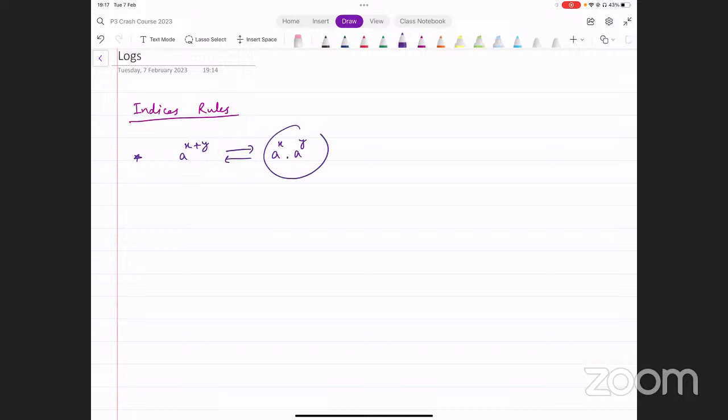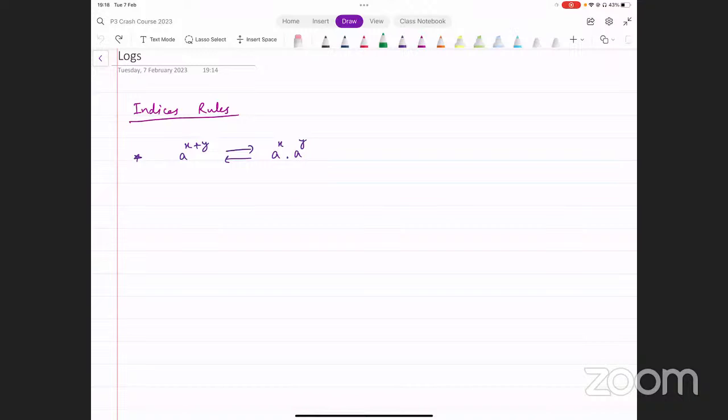It becomes a raised to power x into a raised to power y. If the bases are the same, then the powers get added, right? That's what to remember. But if the powers are added here, you can actually separate the bases like this, so it becomes something like this. All right. So that's the first rule that you need to remind yourselves about.